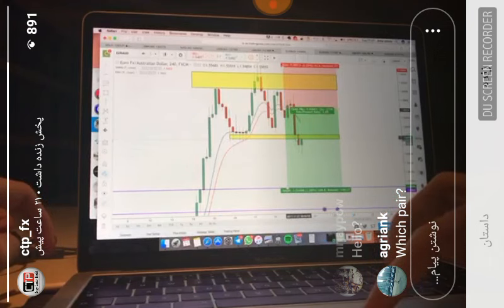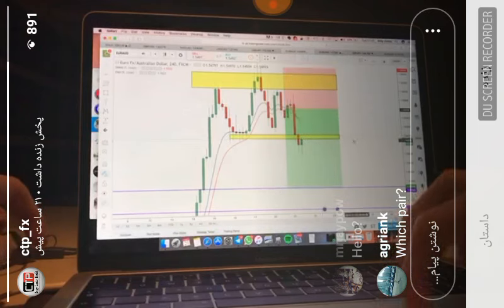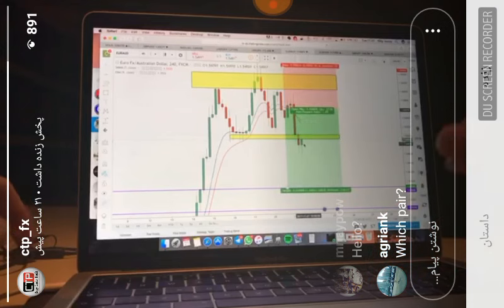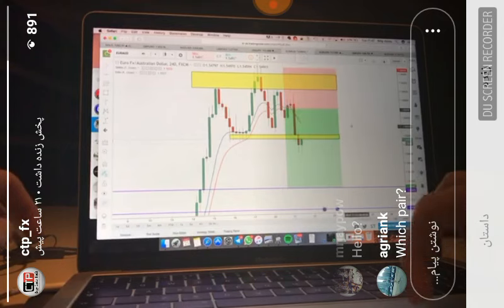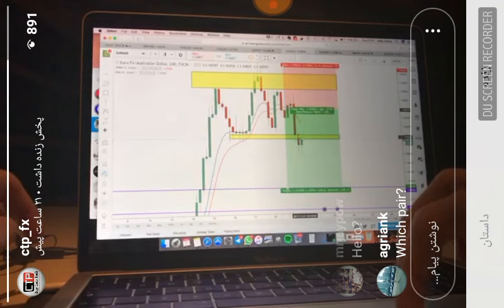It's broken again. It looks like it's retesting currently. I would like to see a bit of a reaction from 1.500, roughly around there. This is Euro AUD, guys, just so everyone knows. Basically, I would like to see a rejection from this area and another push down.